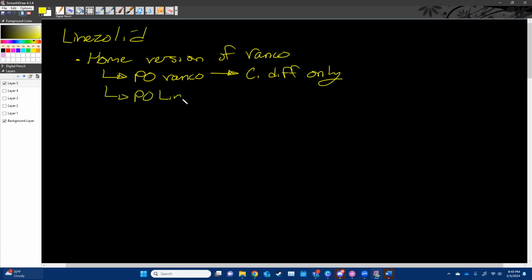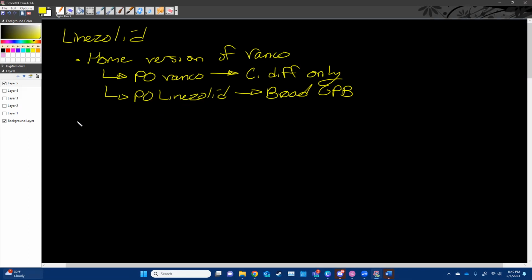Oral linezolid is broad gram positive. So someone who needs to go home on vancomycin worth of coverage could potentially go home on linezolid with it, or tedizolid is another one, although they're both very, very expensive.